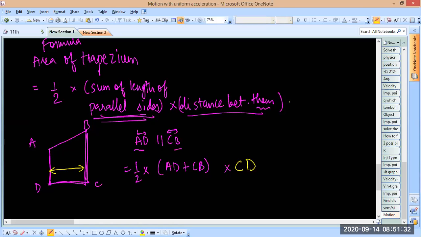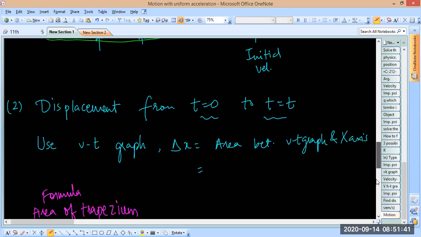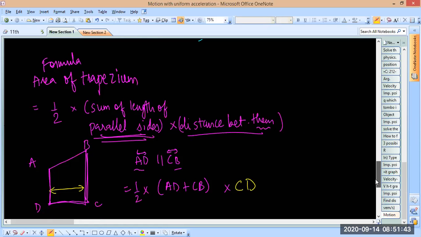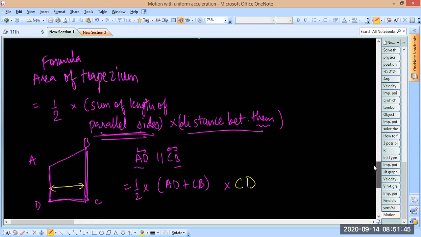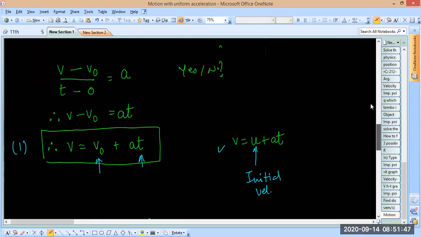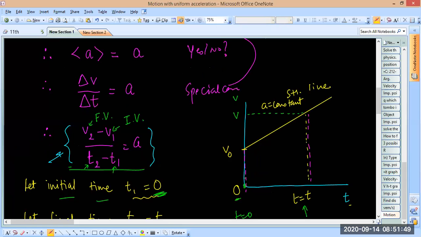Yes, this can also be done by area of triangle plus area of rectangle, for people who want to do it like this. Suppose this is a parallelogram. You can clearly see that the area under the graph is this, so we have to find this area.